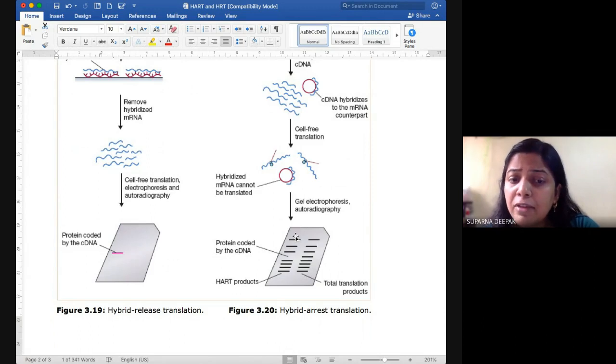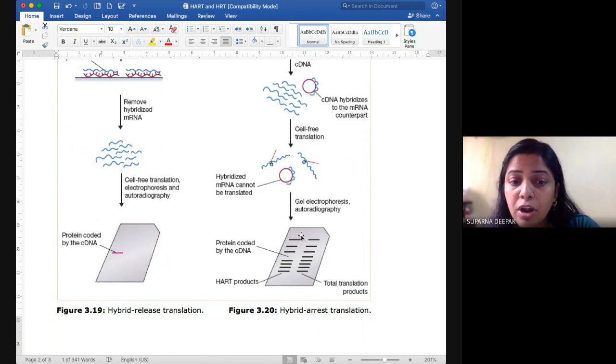So one well will carry only the HART product, hybrid arrest translation. Arrest means you are not allowing the actual recombinant clone mRNA to get translated. You are arresting the system.